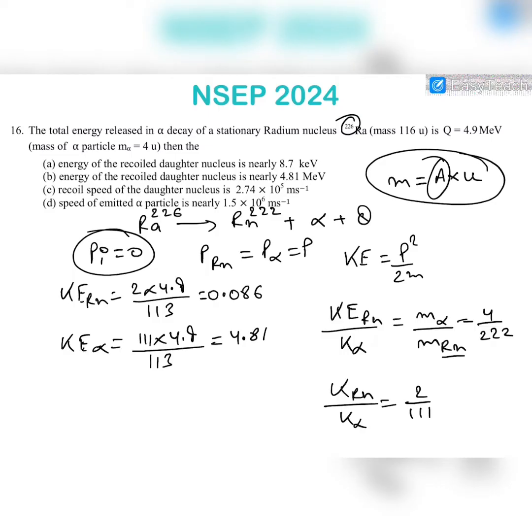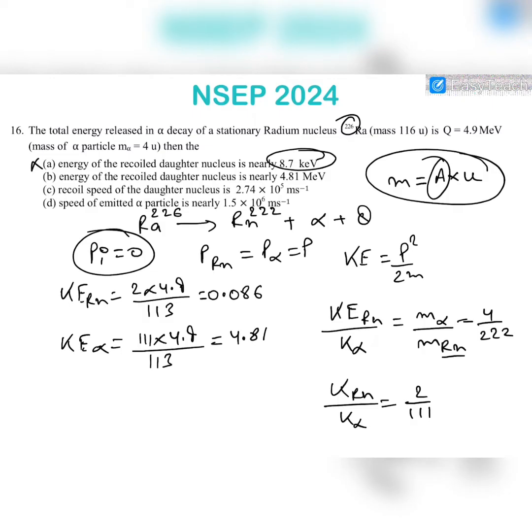So option A, which says that energy of recoil of daughter nucleus is nearly 8.7, is wrong. And it is also in kilo electron volts, so it is wrong. Option B, which says that energy of recoil of daughter nucleus is 4.81 MeV, is not correct. In fact, it is the energy of alpha.